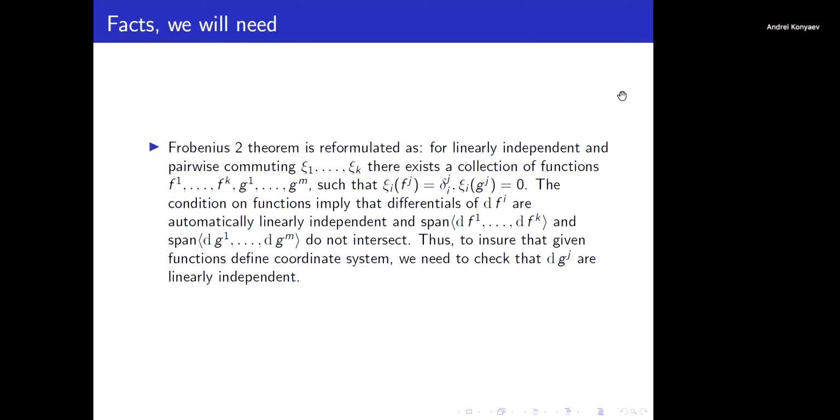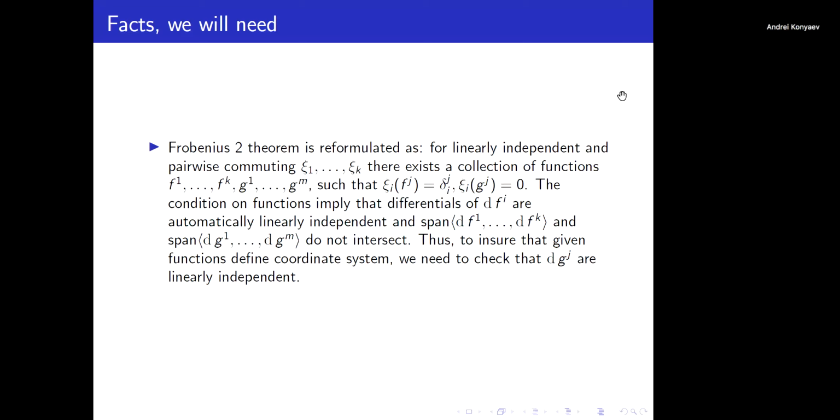It means that you can choose a coordinate system for which these vector fields will be the coordinate vector fields. But the proof of the theorem and the choice of this coordinate system is usually done using the one-parametric groups of diffeomorphisms. And in our case, we need to look into the coordinates.